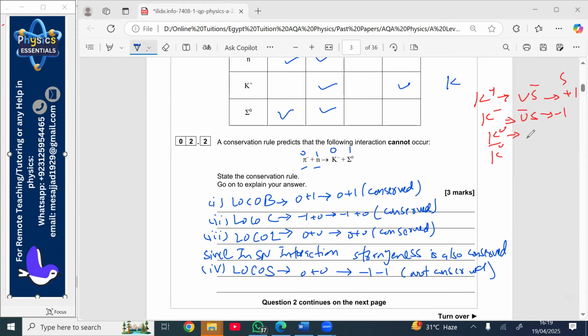It has a structure of d anti-s, so it also has a strangeness of +1. And then you have K naught bar. It has a structure of s anti-d, and it has a strangeness of -1. So it's just for your information. Okay, you need to memorize it. Let's move on.